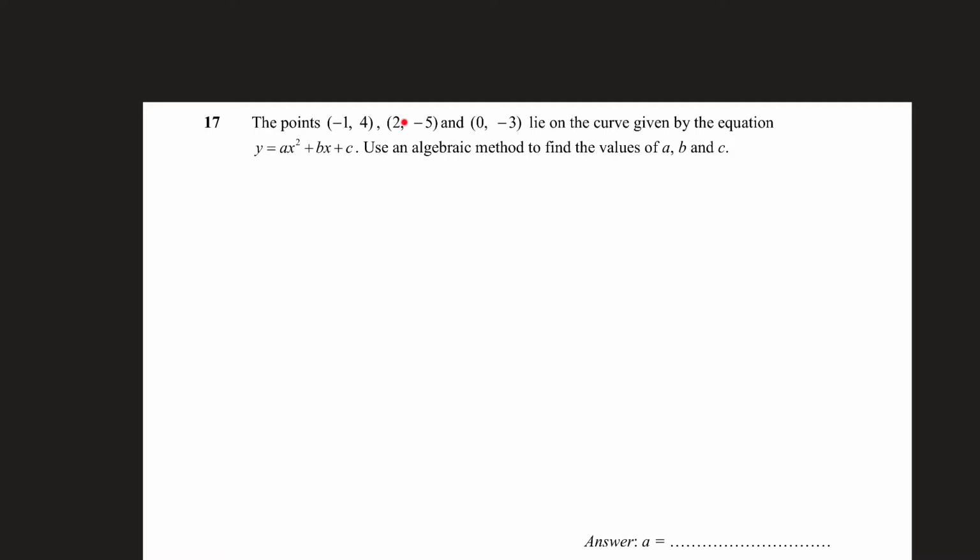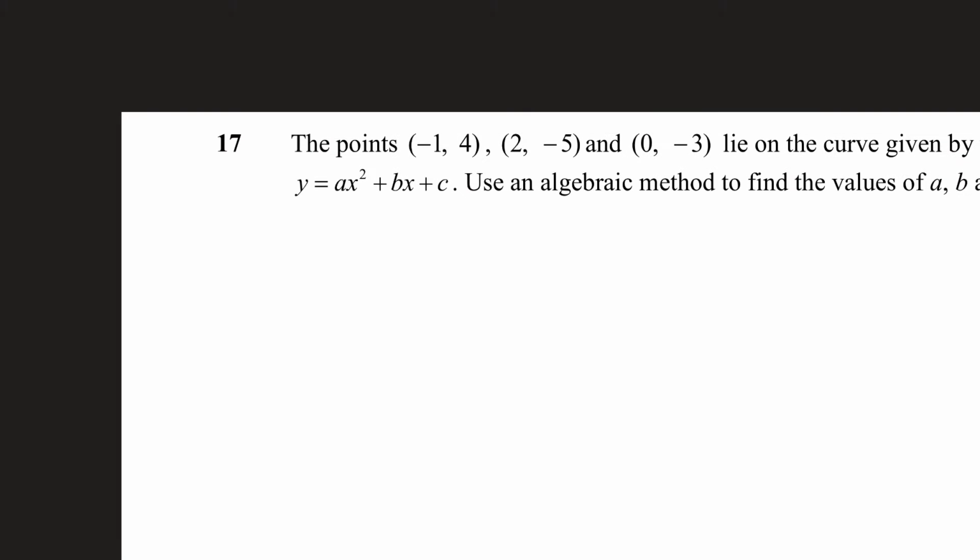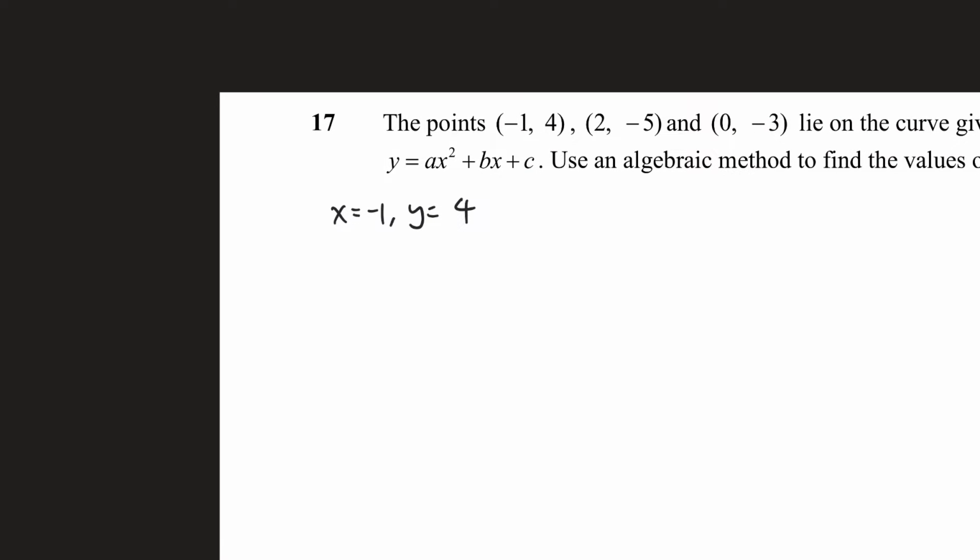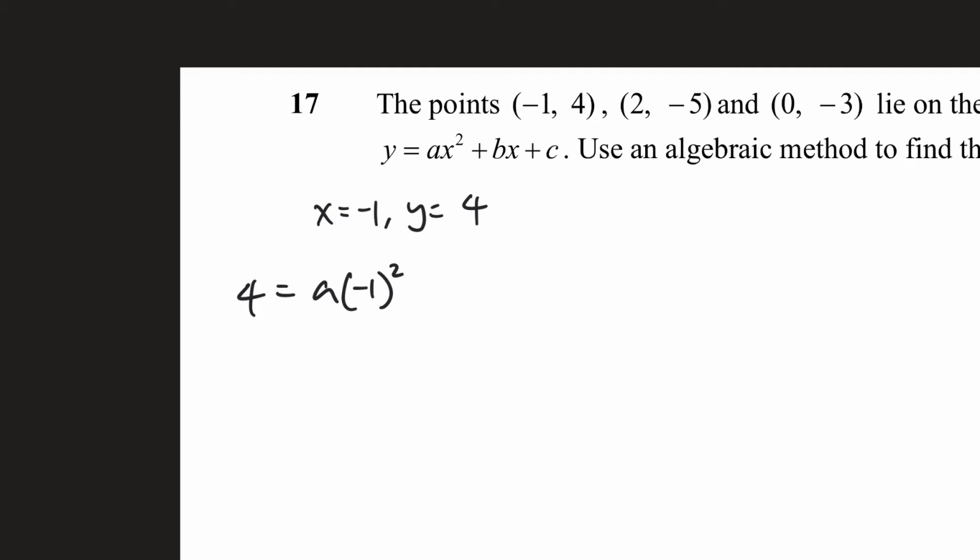We know that these 3 points lie on this curve, so we can just sub them in and see what we get. For the first one, when x equals -1, y equals 4. If we sub it into the equation, 4 equals A. Remember your brackets every time you sub something in, especially when it's a negative number and you square it, then you can get the correct result.